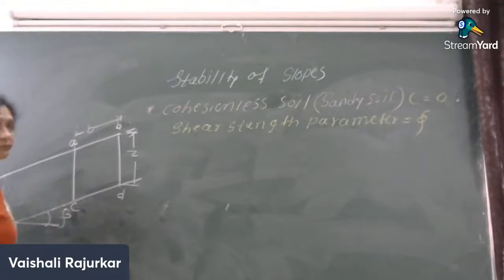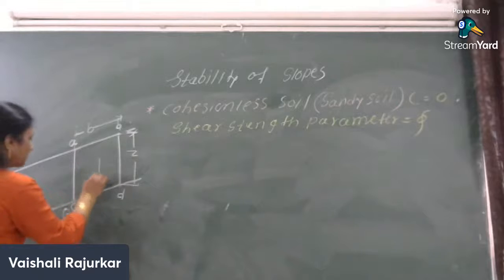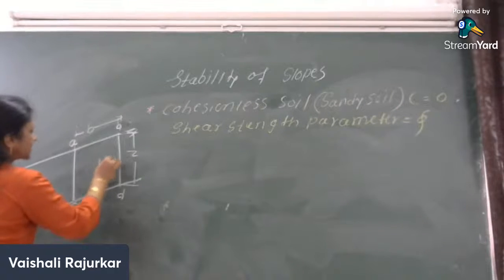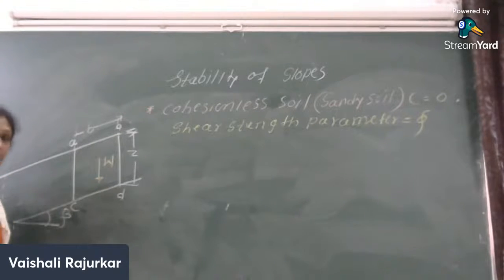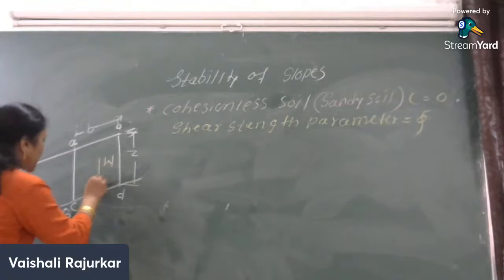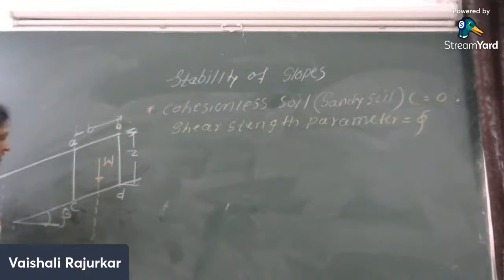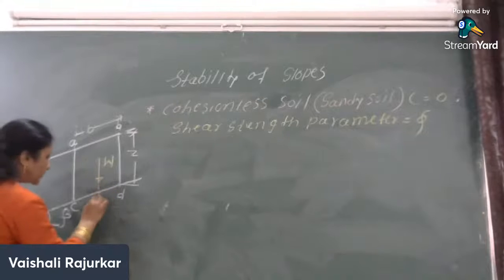Then there is the self-weight component. W is the self-weight of the soil wedge ABCD, acting vertically downward. Now suppose this is the vertical component of W, acting vertically downward.